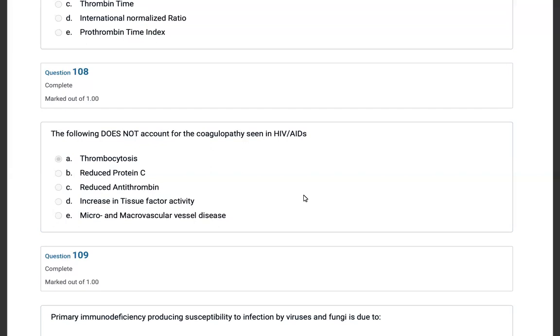Thrombocytosis. We've just said that in HIV, you have all kinds of penias except one, eosinophilia. It's the only thing that increases, it's the eosinophils. So thrombocytosis will also be wrong because it's supposed to be a thrombocytopenia. So in HIV, there are all kinds of penias except one, which is eosinophilia. Can continue.